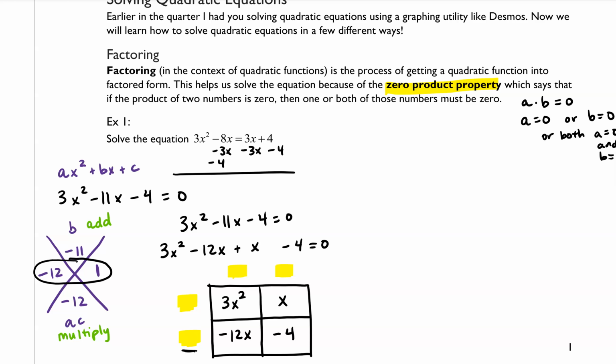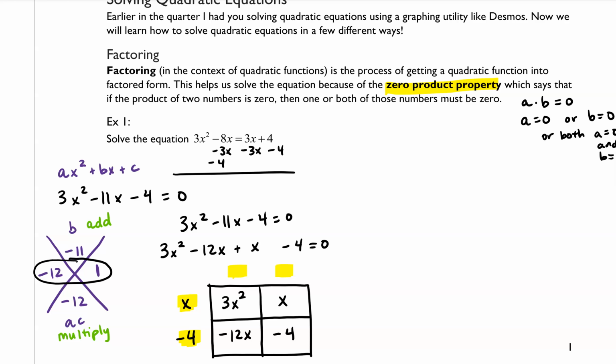We're going to look across at negative 12x and negative 4, and we want to think about the greatest common divisor of both of those numbers, or the thing that we can factor out. The thing that we can factor out of both of those terms is the number negative 4. Okay, and then up above that, we're going to do the same thing in the top row. So we have the terms 3x squared and x, and the thing that those have in common is x.